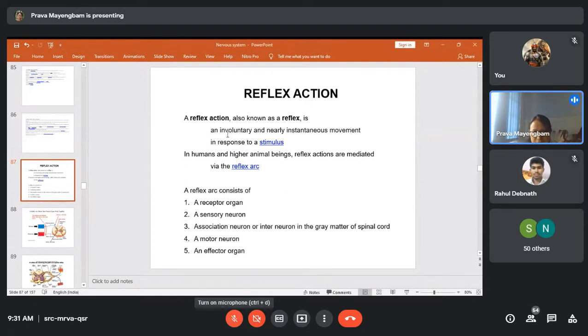Okay, let's read this line. A reflex action is also known as a reflex. It is an involuntary and nearly instantaneous movement in response to a stimulus. That means when a stimulus is given, any response you get as a result of that stimulus, if it is a reflex, it has to be involuntary.